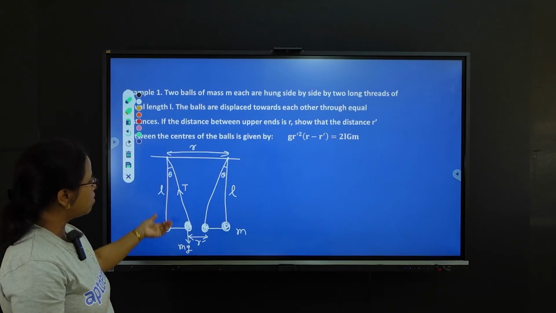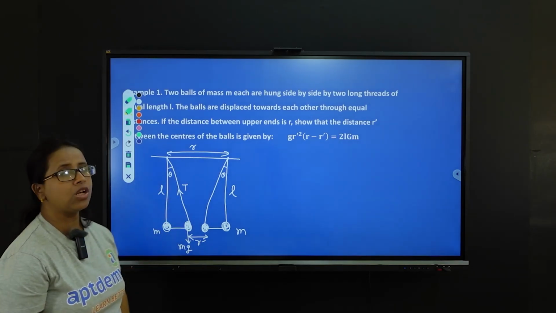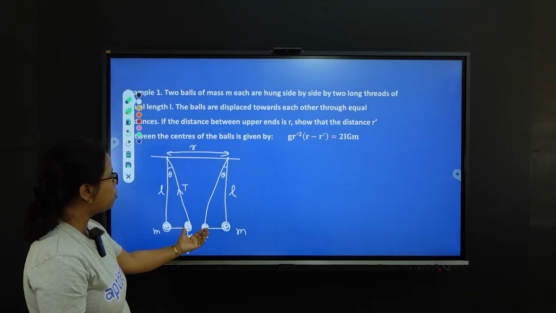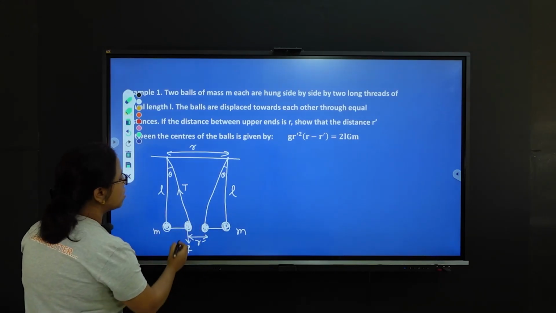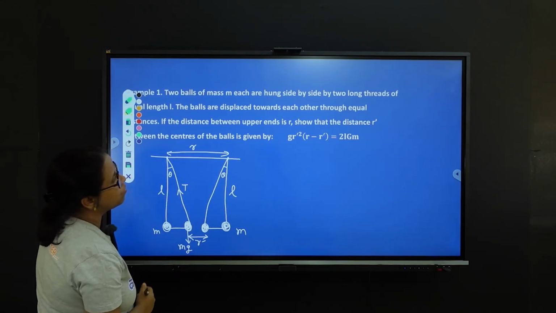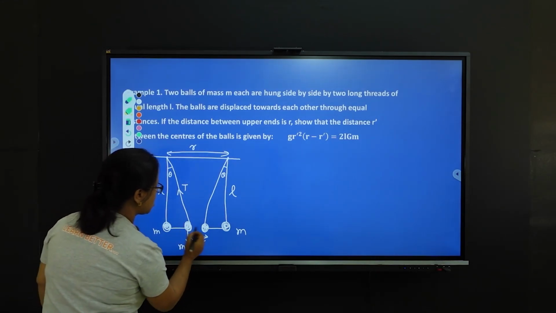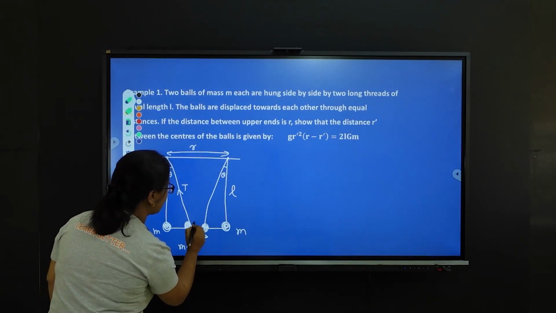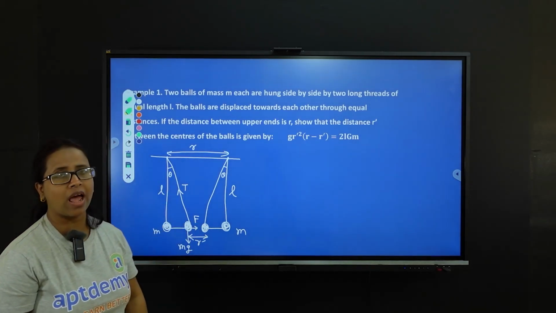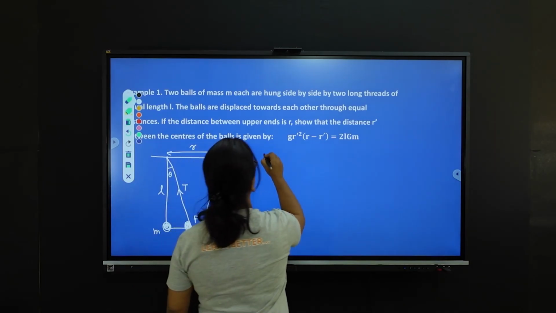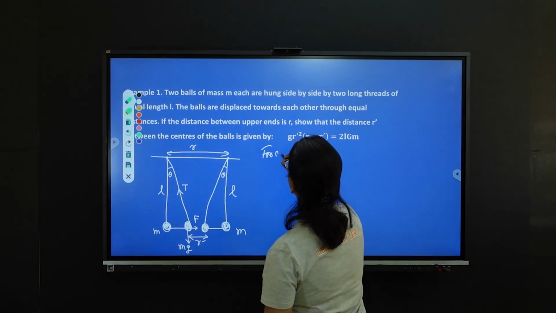And another is the gravitational force of attraction between the two bodies. The two bodies are displaced towards each other, so there is some gravitational force between the two bodies. Let us assume that force to be F. So these are the forces which are acting on each of the balls.